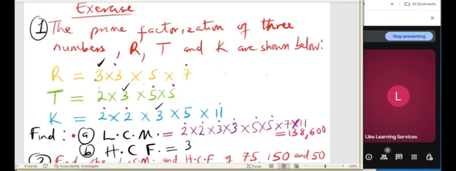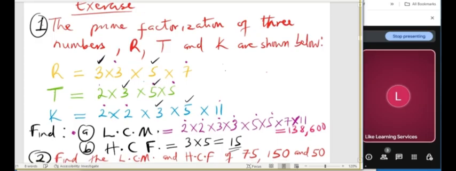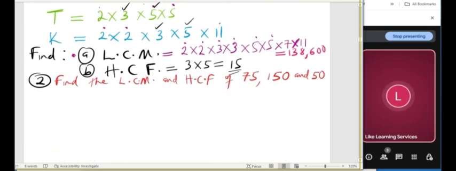And 5: there's one 5 here, one 5 here. If there were two 5s in all of them, then you would have picked two 5s. You understand? So it's only 3 and 5, and I got 15. So the HCF is 15. That's correct.